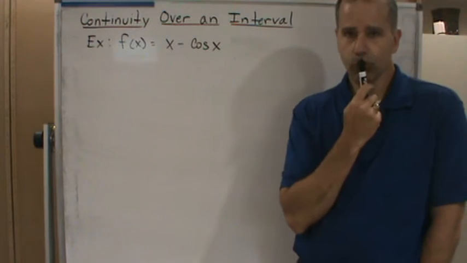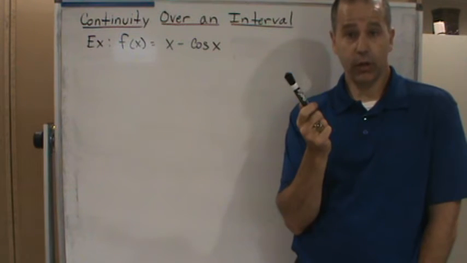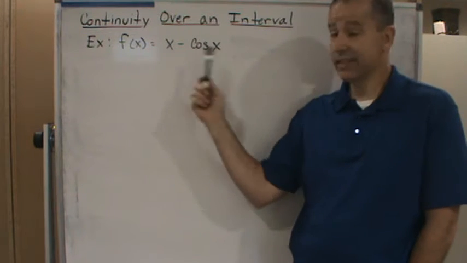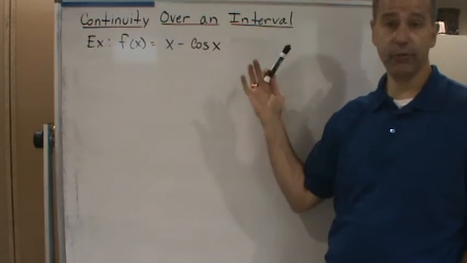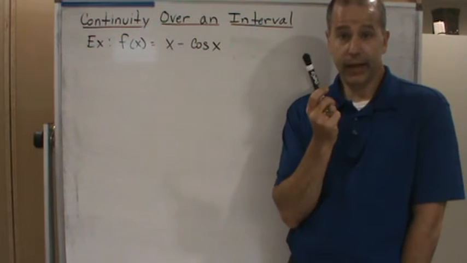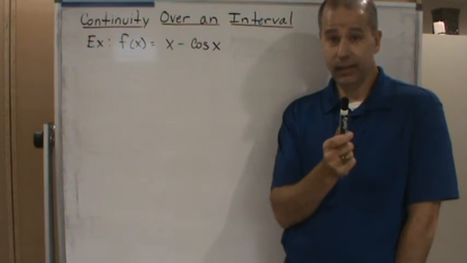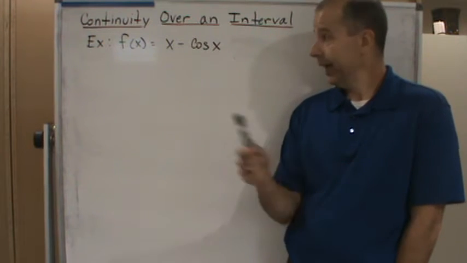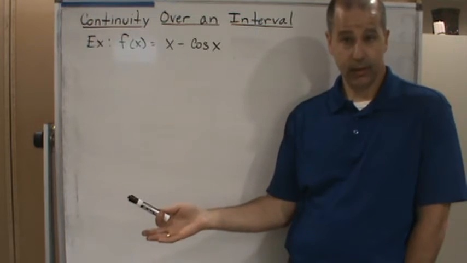Well, since we want to use the intermediate value theorem, we could use the fact that this is continuous, right? So this function is continuous everywhere in the number line, all real numbers. So what we could do is find an interval where f of a is one sign, positive or negative, and f of b is the opposite sign.